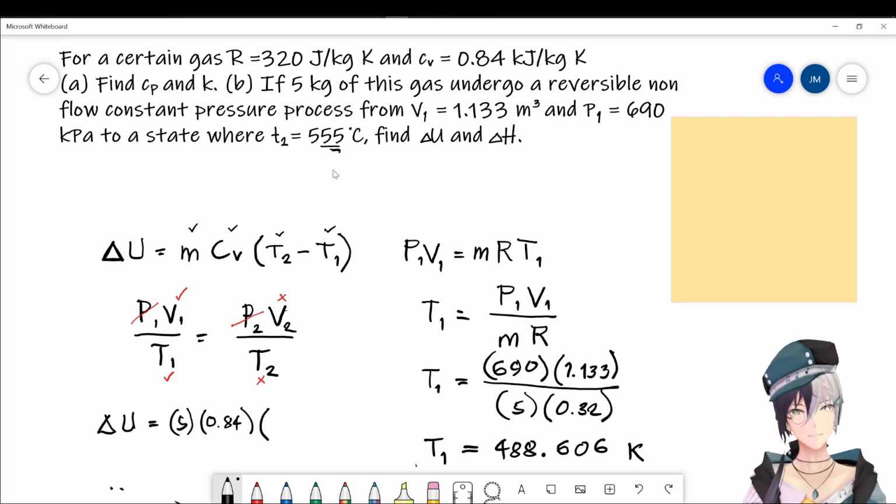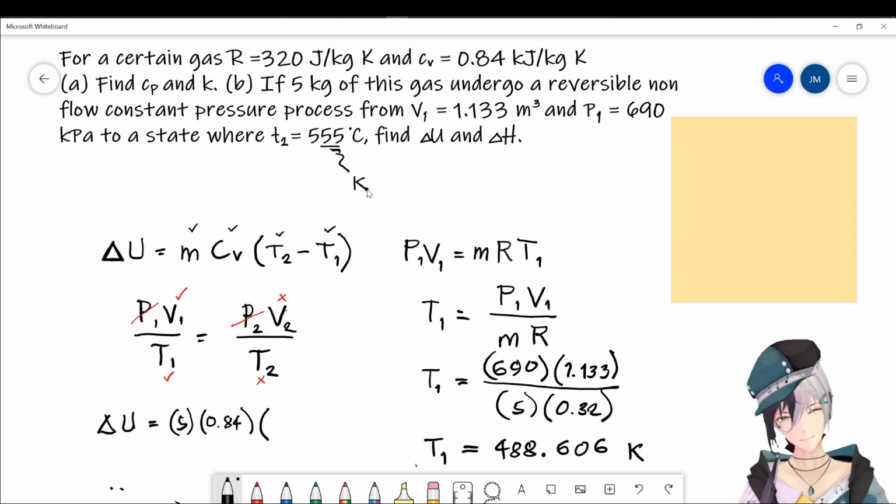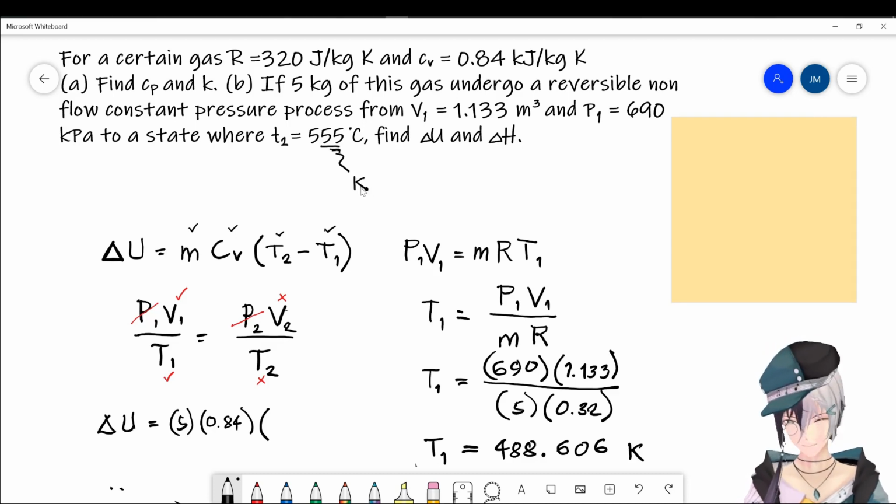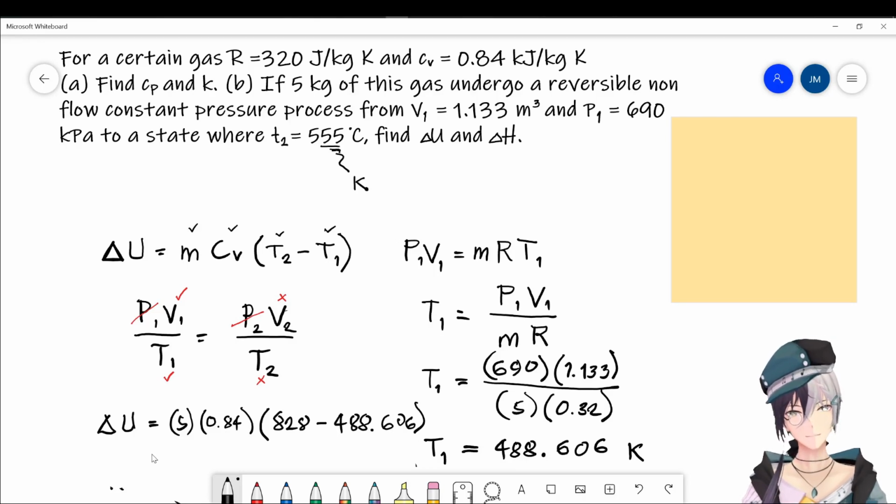Converting 555 into Kelvin, that is 828, minus temperature 1, 488.606.